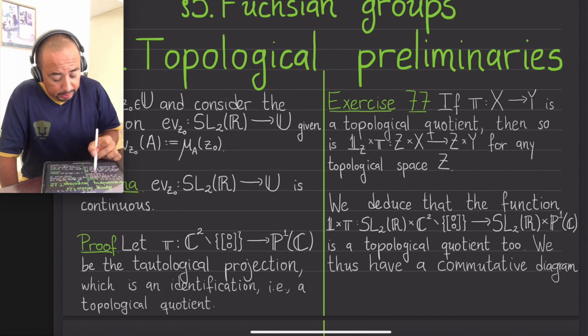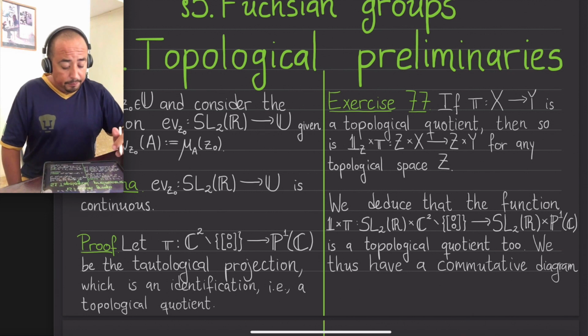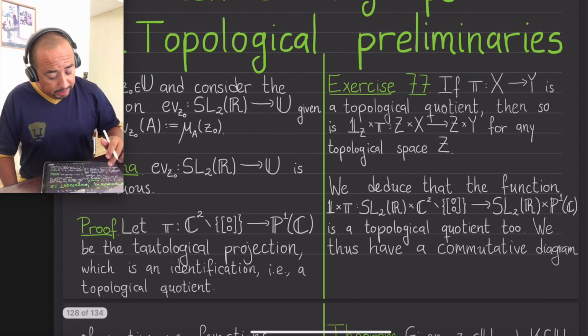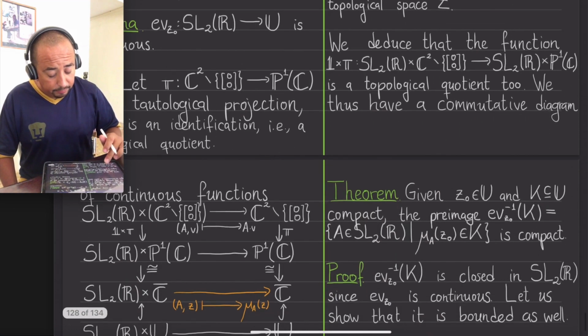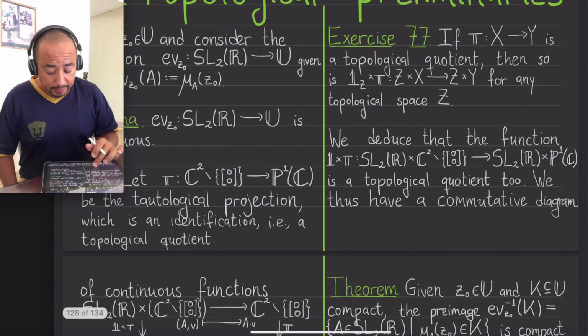Here SL2R is this space Z. So it's a topological quotient. This means that we have a commutative diagram of continuous functions given as follows.